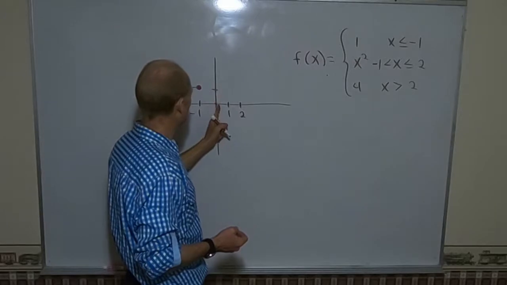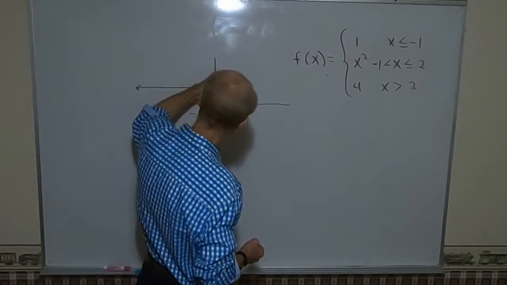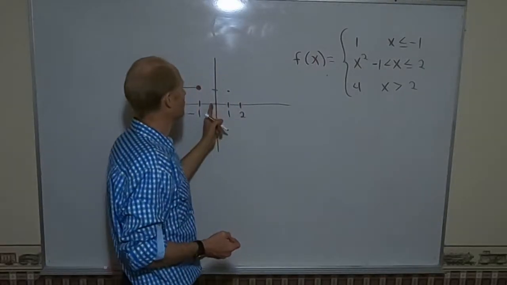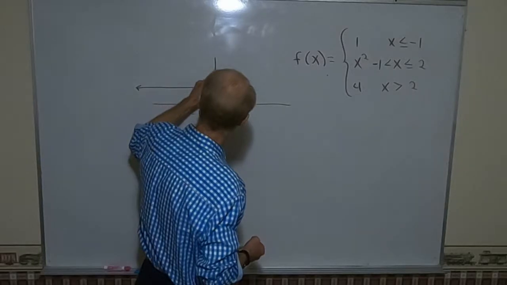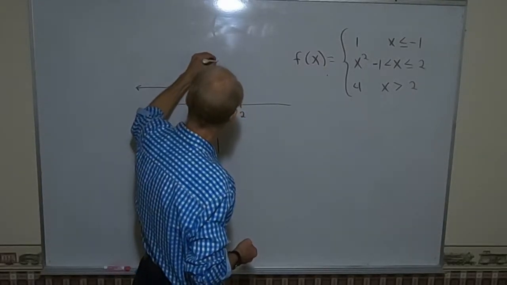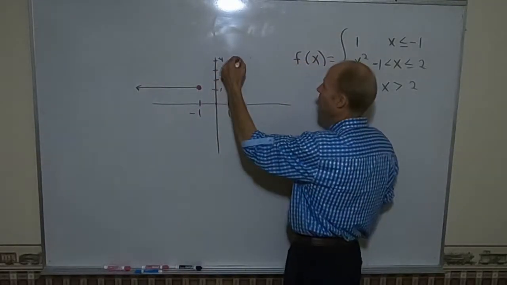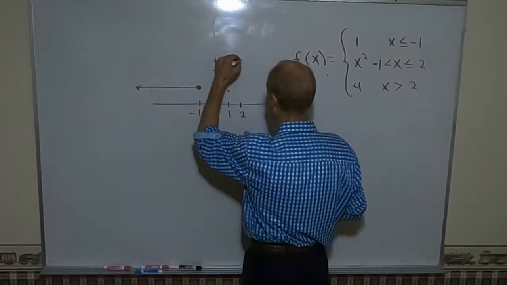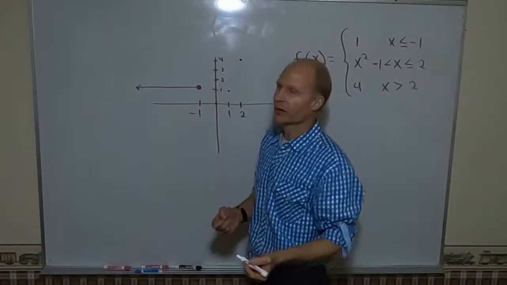If you go over 1 from the vertex, you must go up 1 squared. So I've got a point right there. If you go over 2, you must go up 2 squared. So 2 squared is 4. All right, so I've got another point right here. Now, I've got enough information to go ahead and graph that.